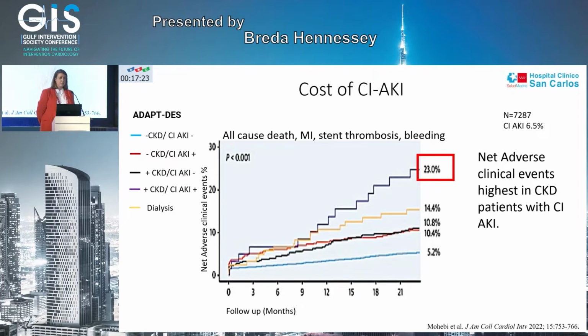What most people would expect is that patients with dialysis would tend to do worse in terms of outcomes. But what this study actually showed was that the patients who have CKD and then developed a contrast-induced nephropathy were actually the patients who had increased rates of net adverse clinical events. So these are the groups of patients that we really need to target.